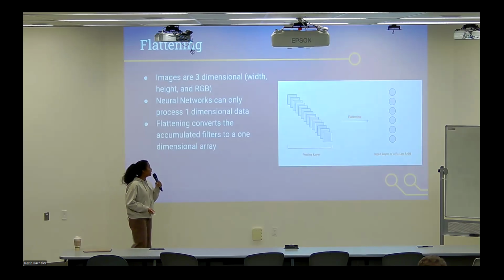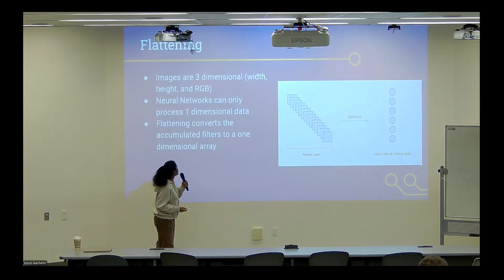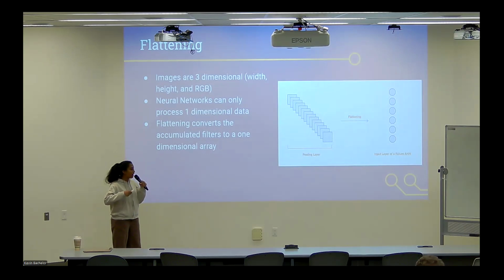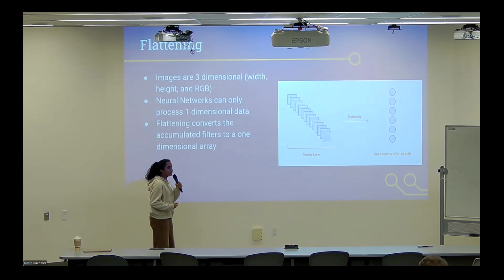And so the final thing is also flattening. Images are three-dimensional. What do we mean by three-dimensional? They have width, they have height, but they also have the color values, RGB. And the neural network can only process one-dimensional data, right? So we can only take numbers and output more numbers.